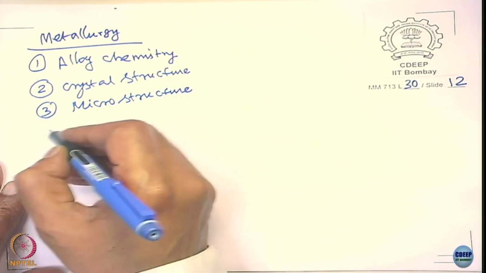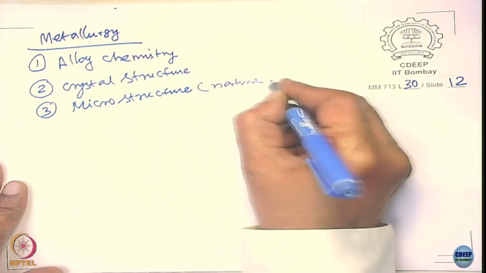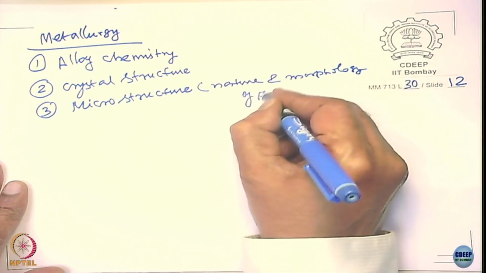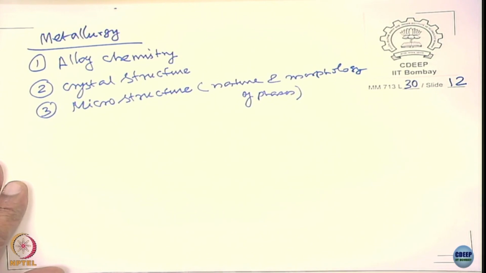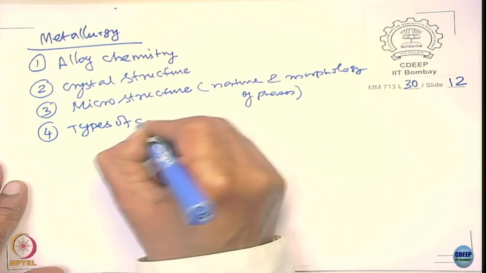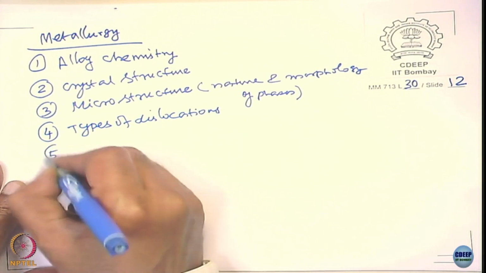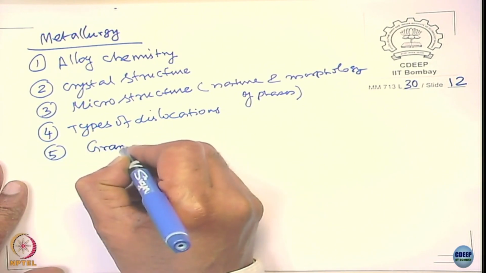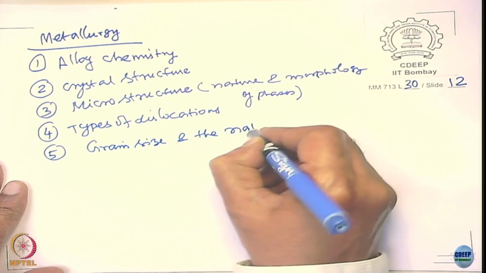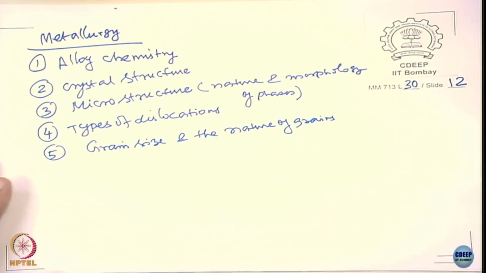When you say microstructure, it means the nature and morphology of the phases, the types of dislocation in the system, grain size, and the nature of the grains. So, they all can happen.